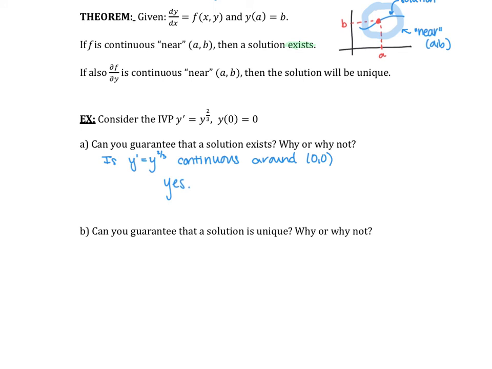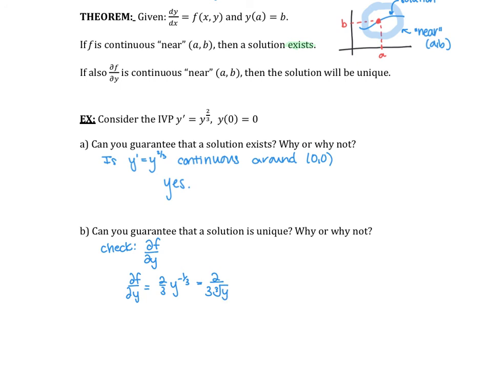Well, to guarantee it's unique, we need to check the partial derivative of f with respect to y. If I take the partial derivative with respect to y, I would have 2/3 y to the negative 1/3 power. And therefore, this would be 2 over 3 times the cube root of y.